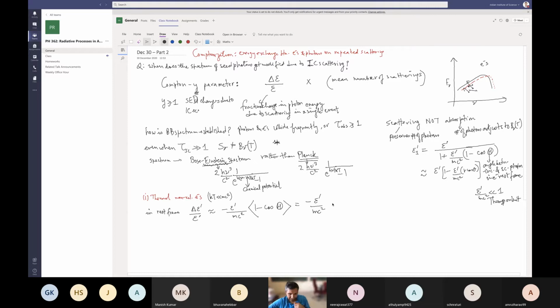So this is the average energy loss of a photon in a single scattering in the electron rest frame.